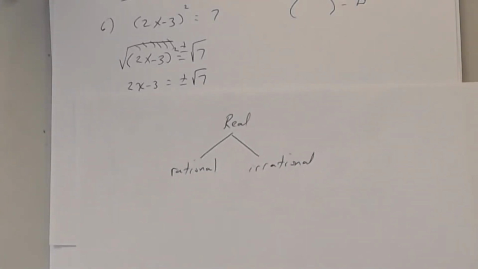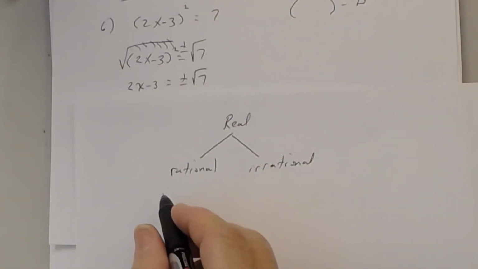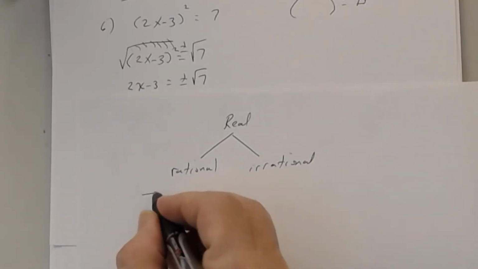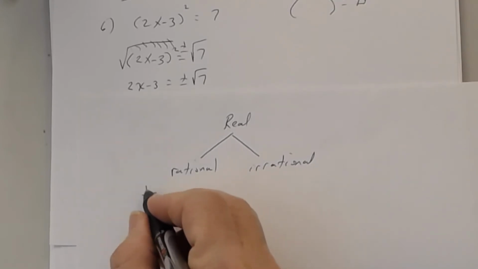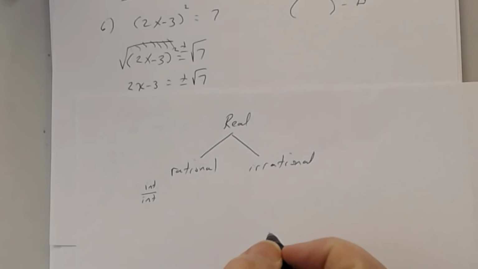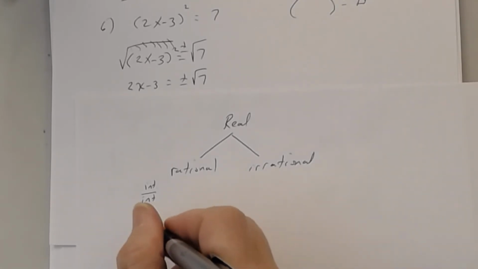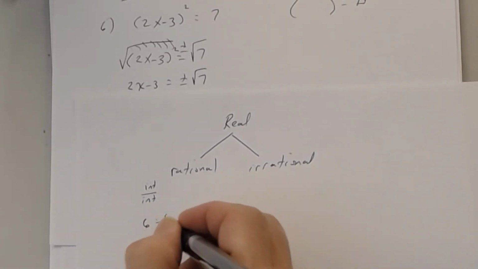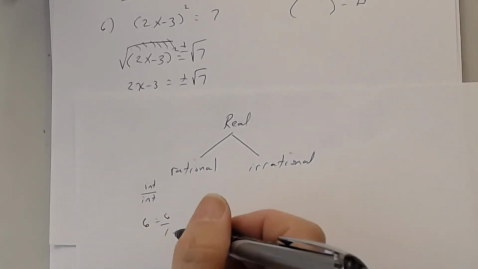So a rational number is any real number that can be written as a fraction, where the numerator is an integer and the denominator is an integer. For example, is 6 a rational number? Yes, because I can write 6 as 6 over 1, and both of those are integers.